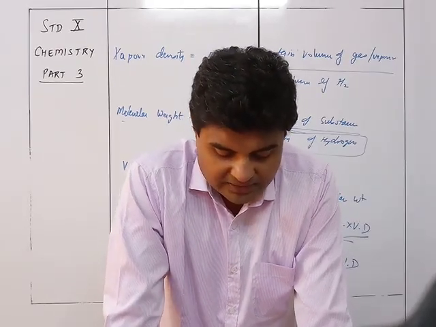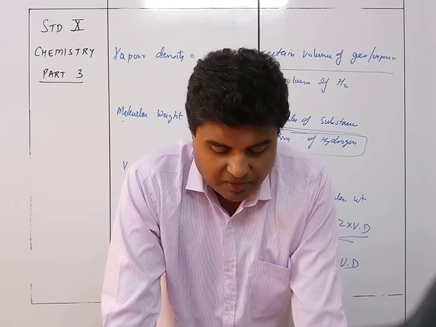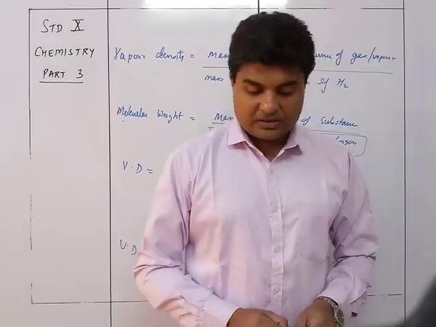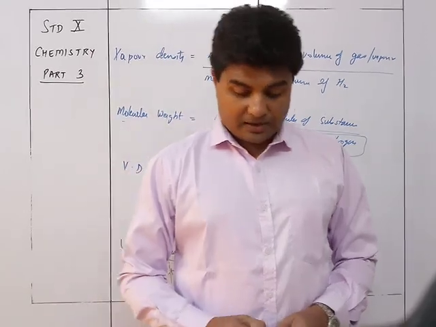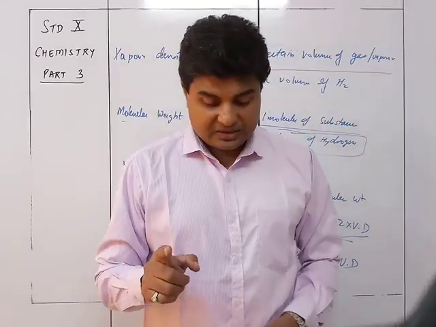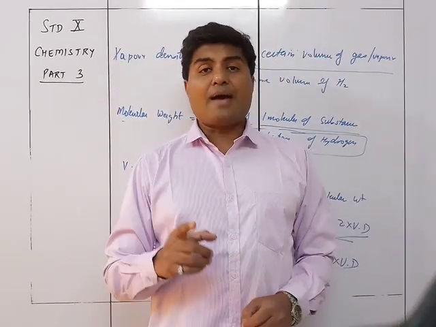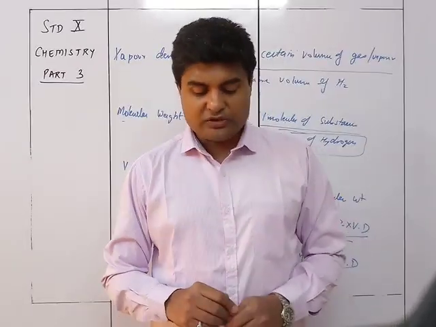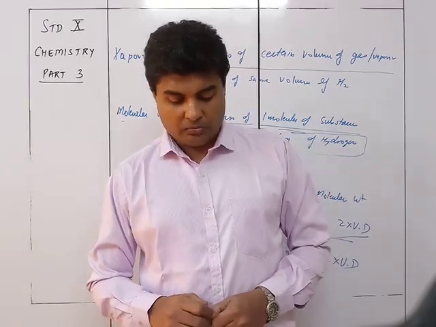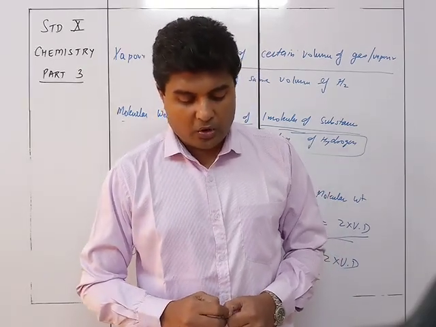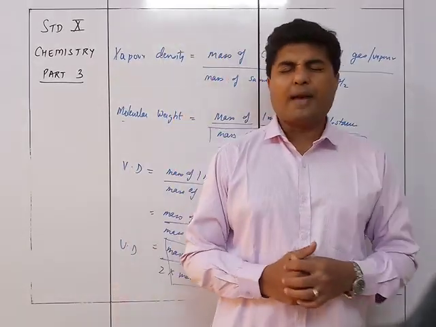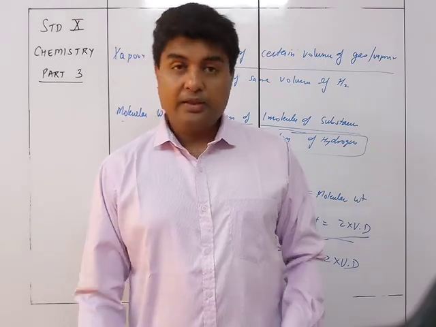Relative molecular mass is the molecular weight: the number of times 1 molecule of a substance is heavier than 1/12 the mass of a carbon atom. So 1 mole of a gas weighs 1 gram molecular mass and occupies 22.4 liters, that is the molar volume.